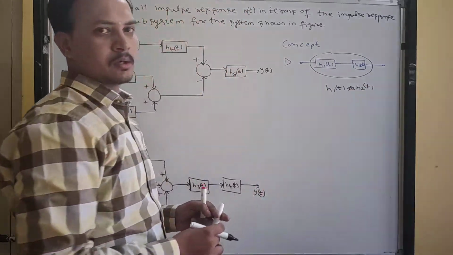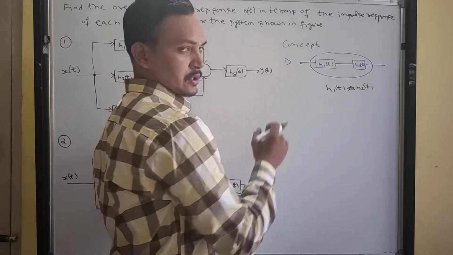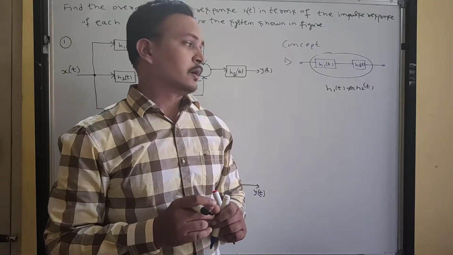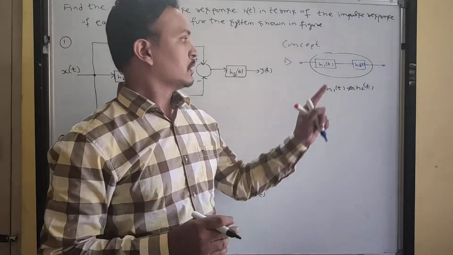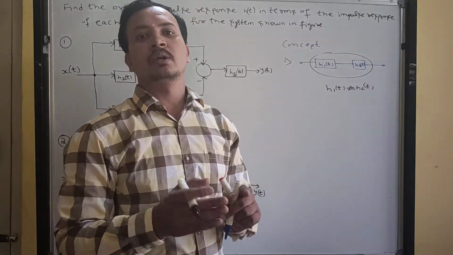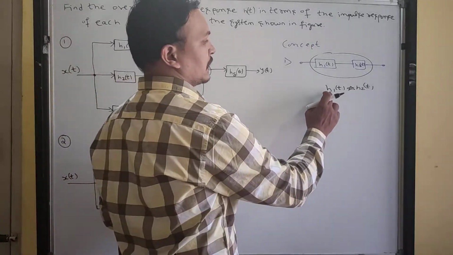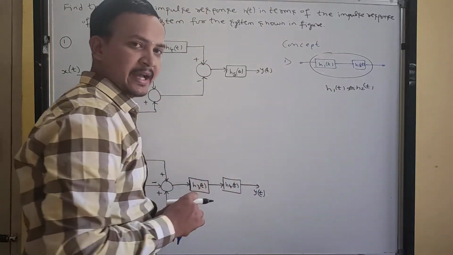This is the overall subsystem equation when they are connected in series. In module 1, we were using multiplication. H1 H2 means we were writing H1 into H2. In module 2, for impulse response, we write h1 of t convolution h2 of t when they are connected in series.